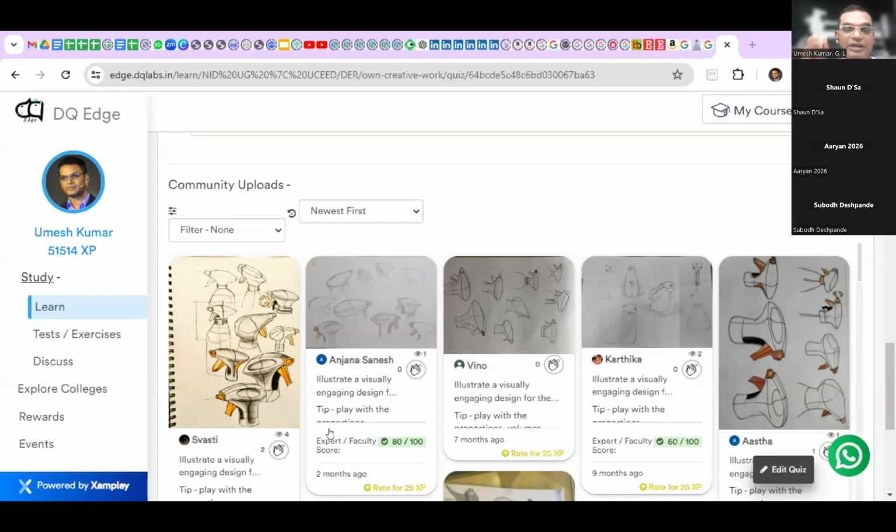So with limited time and limited effort, how can you maximize your skills? That was our focus. And with that, we put up DQ Labs, and every year we have been innovating, adding interesting, very unique material.